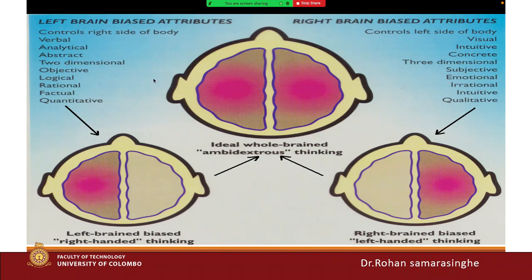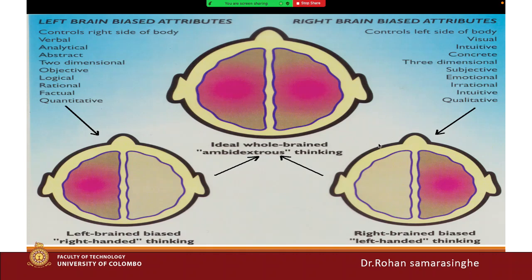Verbal, analytical, abstract, two-dimensional, objective, logical, rational, factual, and quantitative things will be done by the left brain. The right brain controls the left side of the body: visual, intuitive, concrete, three-dimensional, subjective, emotional, irrational things will be done by the right brain.